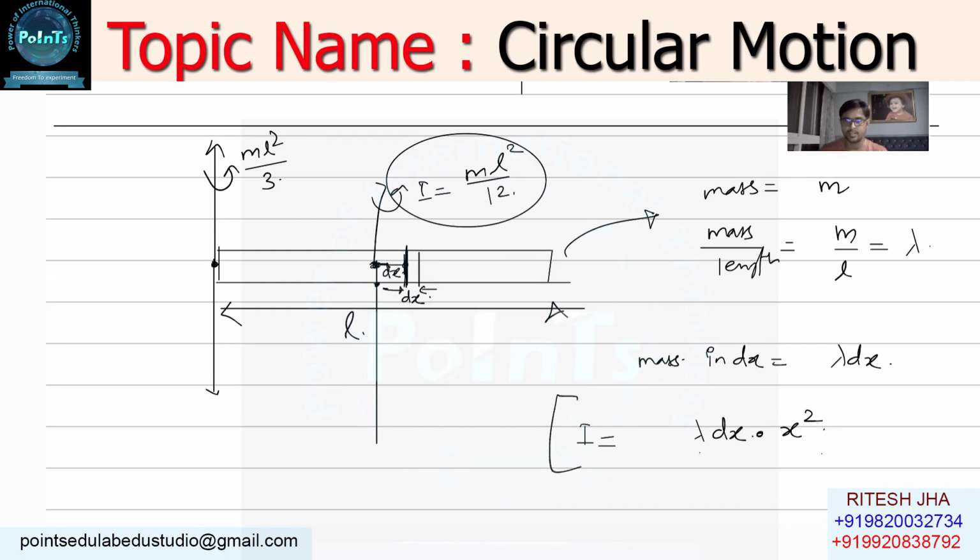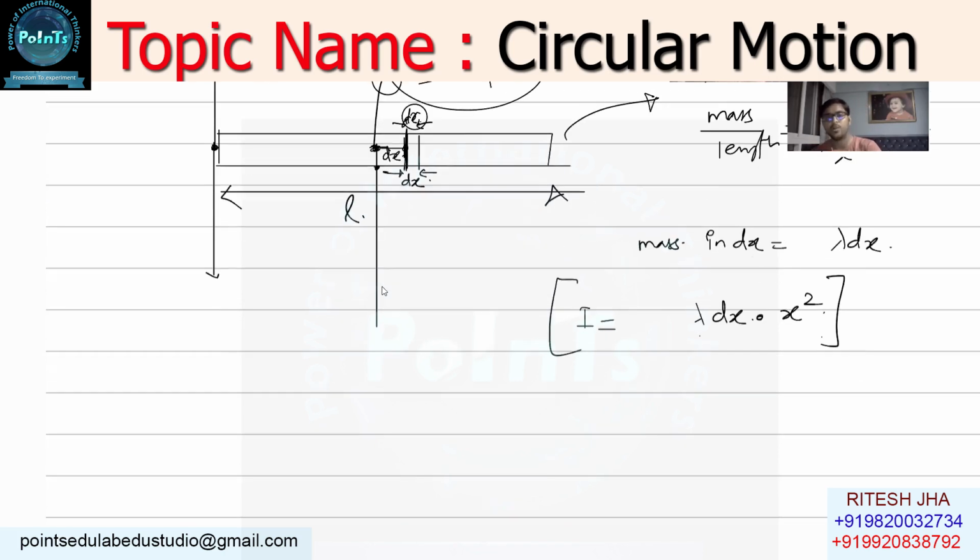That is the moment of inertia for that very small mass in the dx range. If I want it from 0 to L by 2, this is 0 to L by 2 basically.